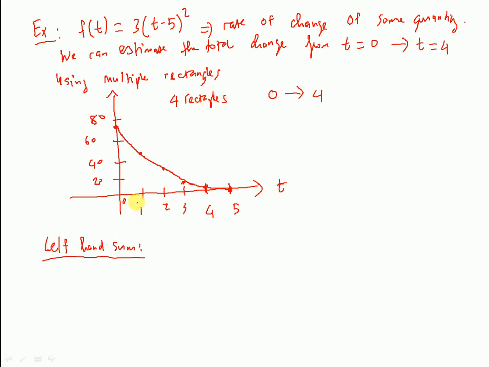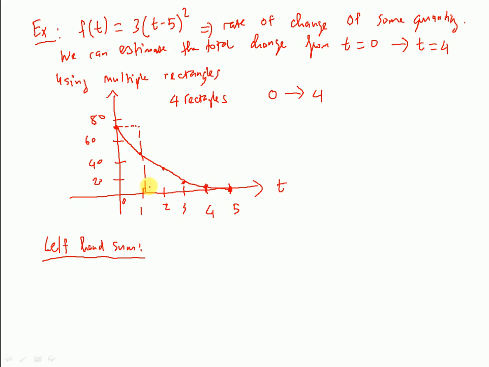So 0 to 1 is 1 rectangle, 1 to 2, 2 to 3, and 3 to 4. From 0 we are using the leftmost endpoint for the left hand sum. From 0 I have this point, and I'm using the left endpoint, so I draw from left to right to make my rectangle.